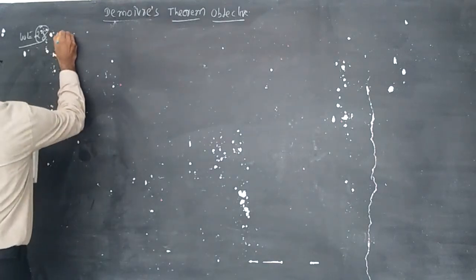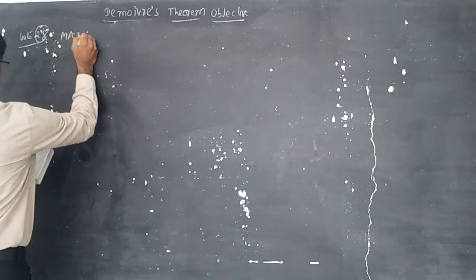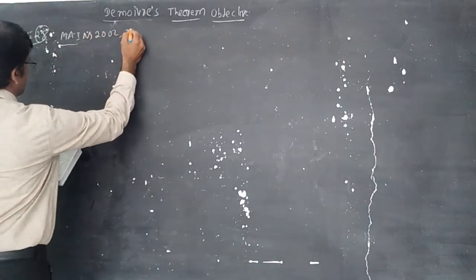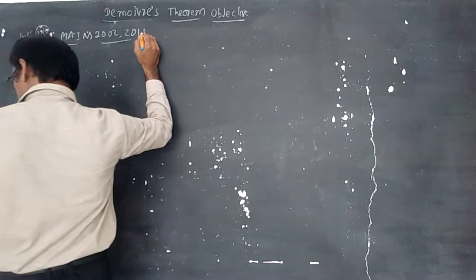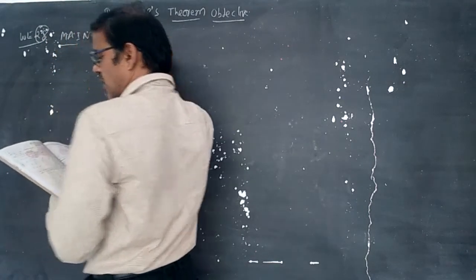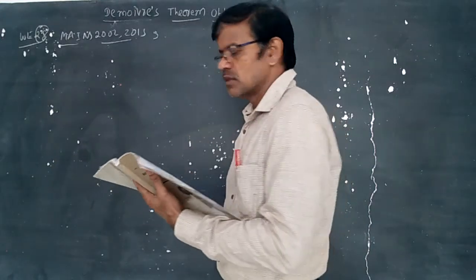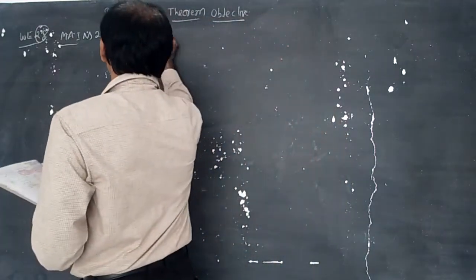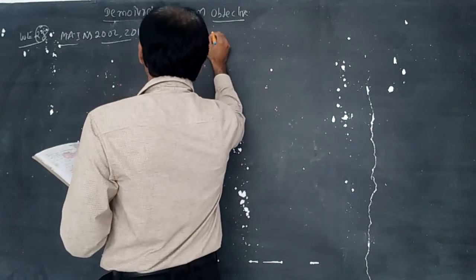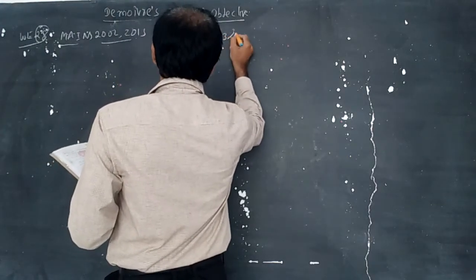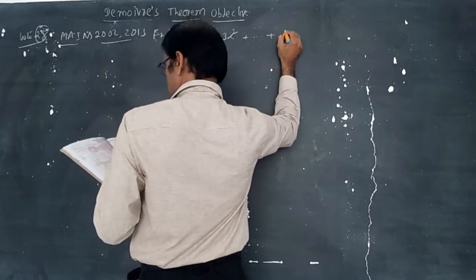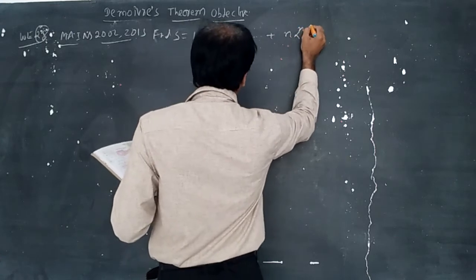This is a mains question, students, asked in 2012 and 2013. S is equal to 1 plus 2 alpha plus 3 alpha square plus so on, plus n into alpha power n minus 1.